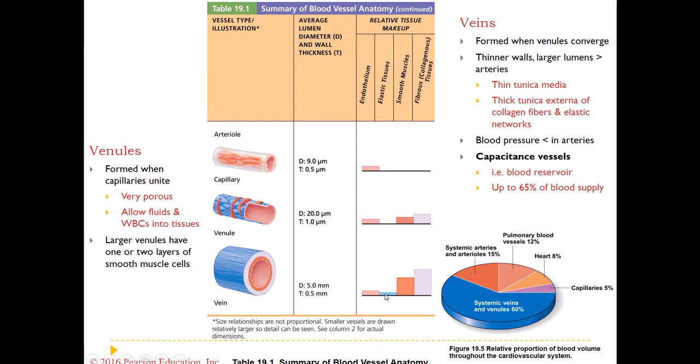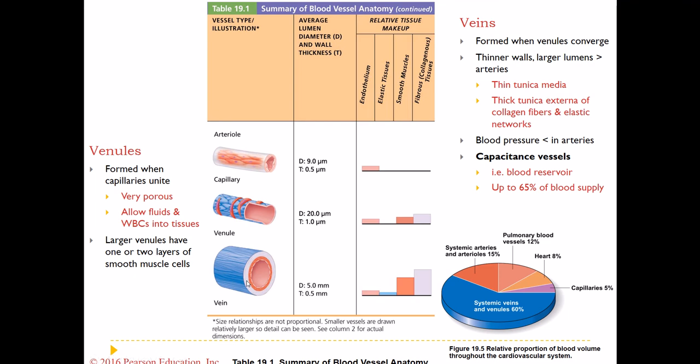A little bit of elastic tissue in the veins. So when the venules merge together, they make small veins that then merge into bigger veins. Veins tend to have much larger lumens than the arteries, and so their shapes tend to be not as round.